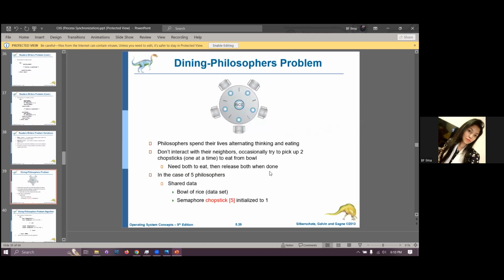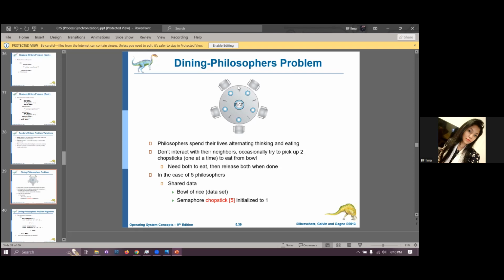Next we have the dining philosophers problem, which is kind of a different problem. Basically, this is the graphical representation. Assume there are 5 philosophers and they are dining and they need chopsticks. However, there isn't an even number of chopsticks. There are only 5 chopsticks, and you need both to eat.